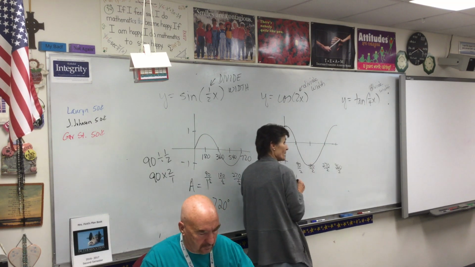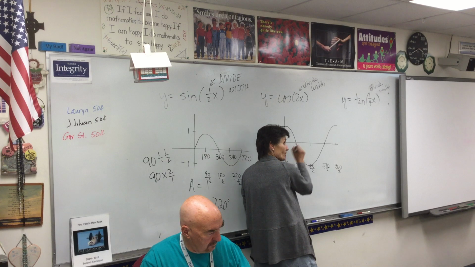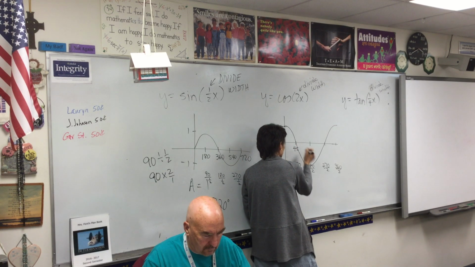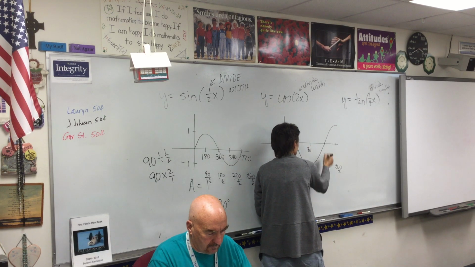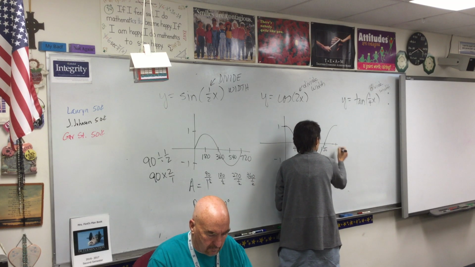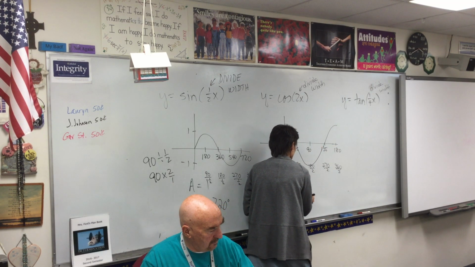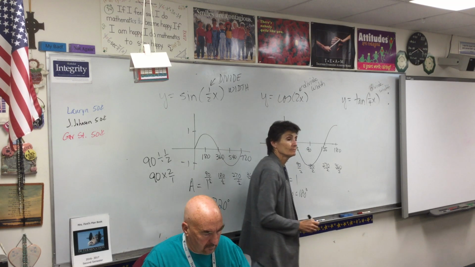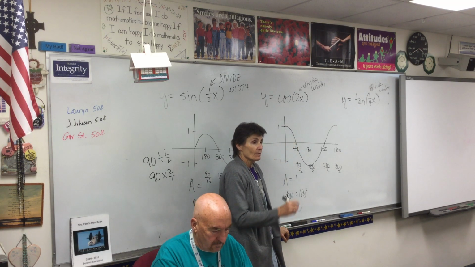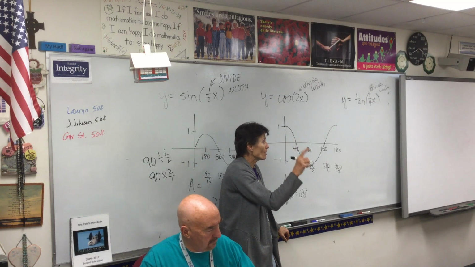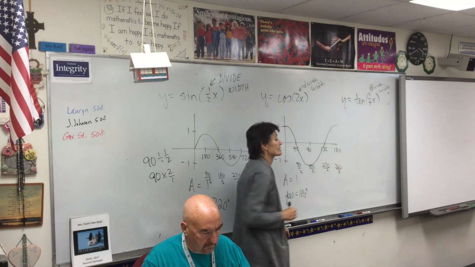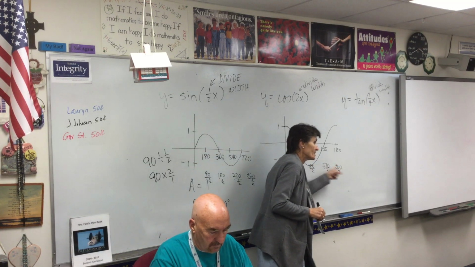So this time, Anthony, that is going to be a 45 and a 90. Yep. So your period this time is 180 degrees. The coefficient in front of the x divides these labels.